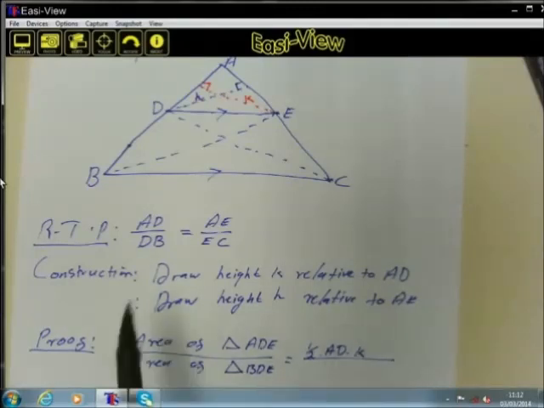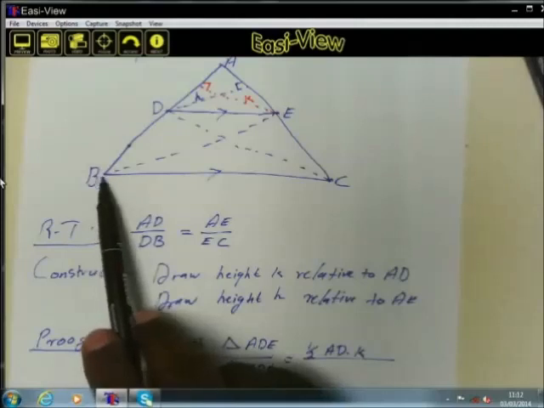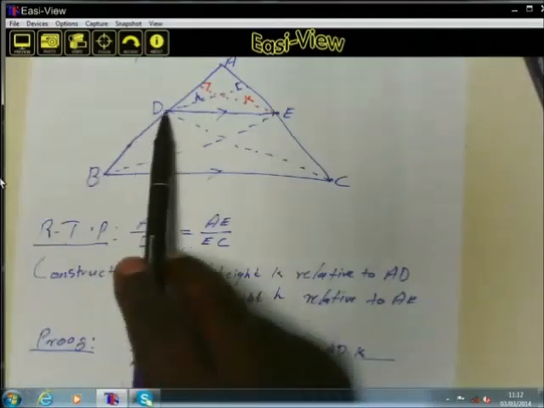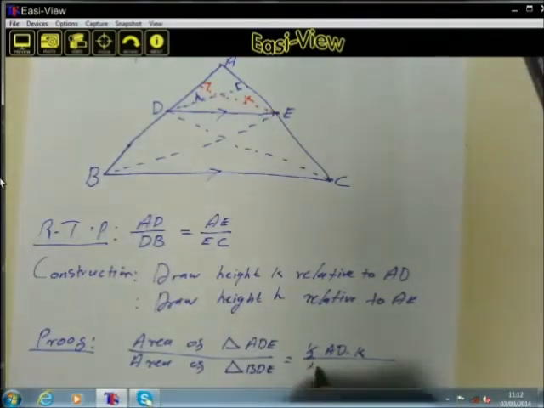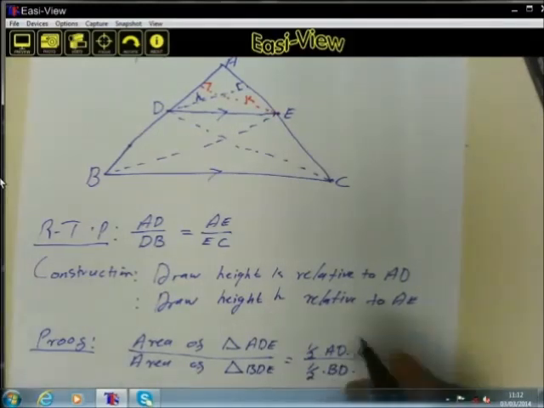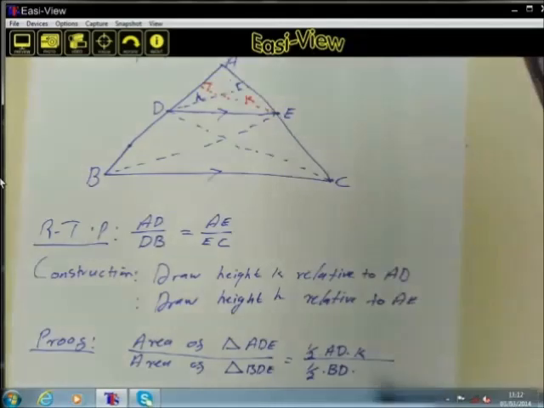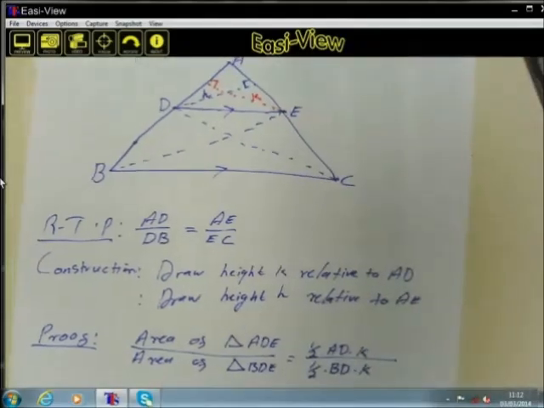We divide by the area of triangle BDE. If we look at triangle BDE, we choose BD as a base. So the area will be half base, our base is BD, times height. Height will still be K because it's on that baseline, the line in which the base is found.